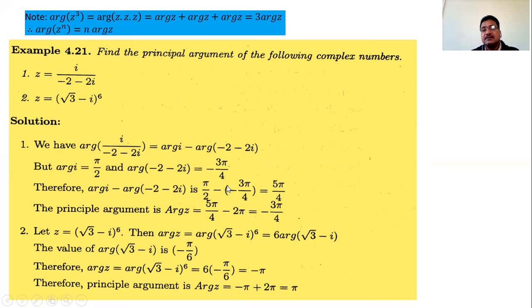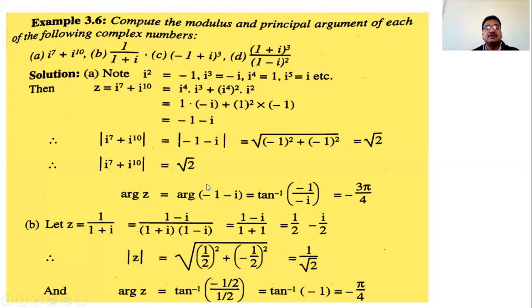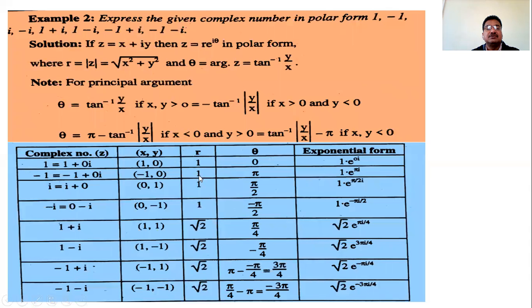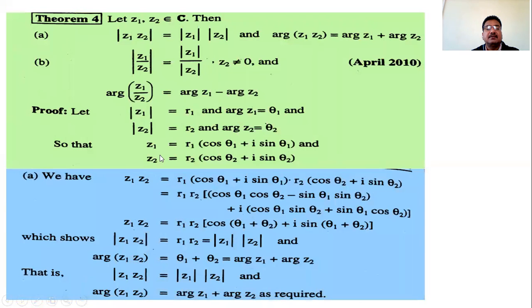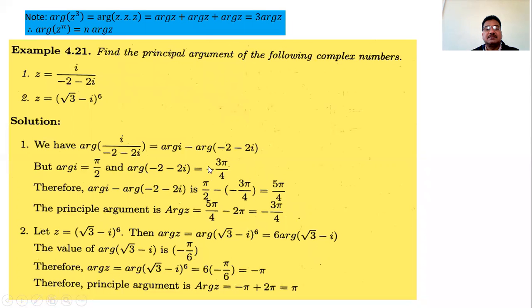We can find the argument and modulus by using these four formulas. So pi by 2 minus minus 3 pi by 4, that is plus 3 pi by 4. 4 is the LCM, and 2 plus 3 is 5 pi by 4.